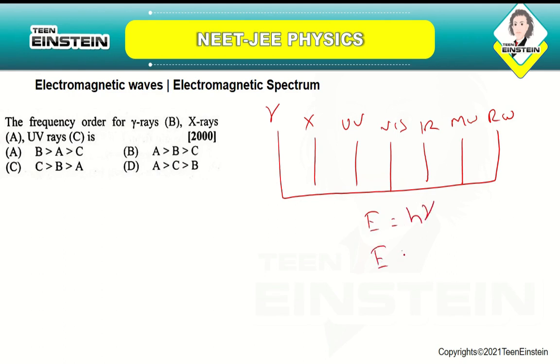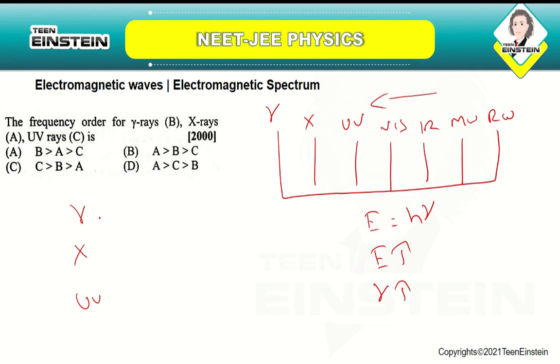So the energy will increase, and the frequency will also increase, when you move in this direction. Here the frequency will be very high for gamma rays, X-rays and UV.